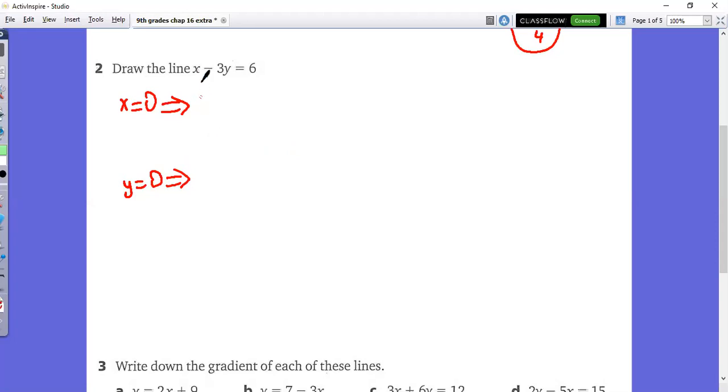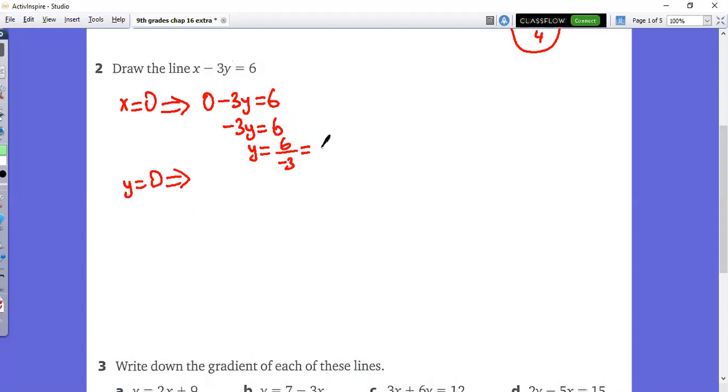In the formula, where we see x, we are going to place 0. 0 minus 3y equals 6. Again, minus 3y I'm going to write. 0 is a non-effective element here. Ignoring it, equals 6. So negative 3 will be sent to the bottom of 6. So we'll get the y-intercept: 6 over negative 3.